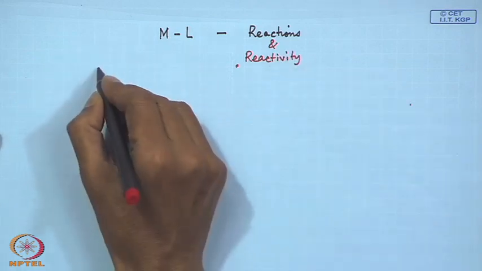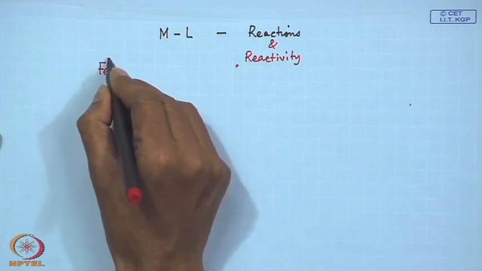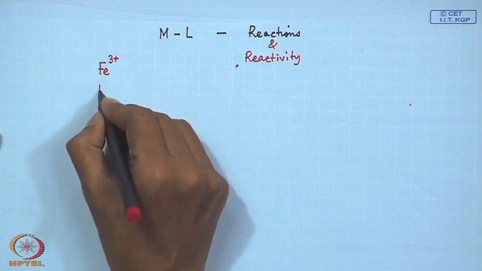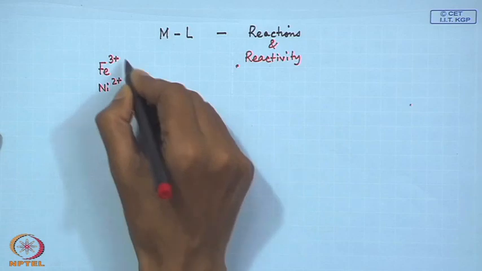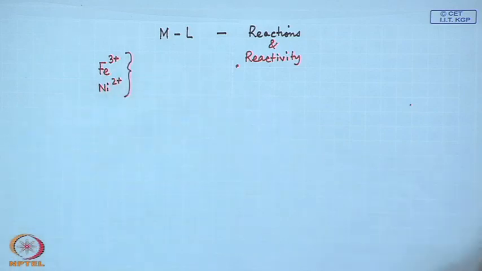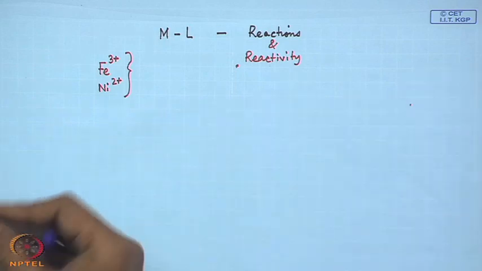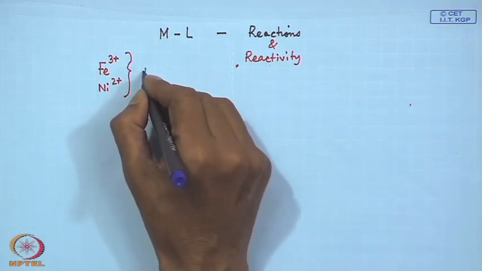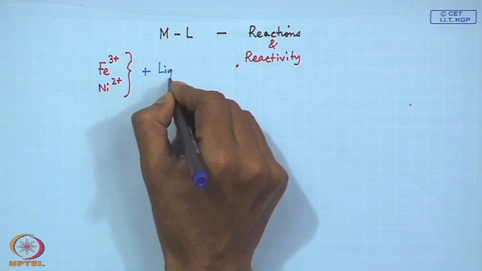Because if we have certain metal ions, say Fe3+ or Ni2+, in a broader sense we will see how this can react with the different types of ligands.